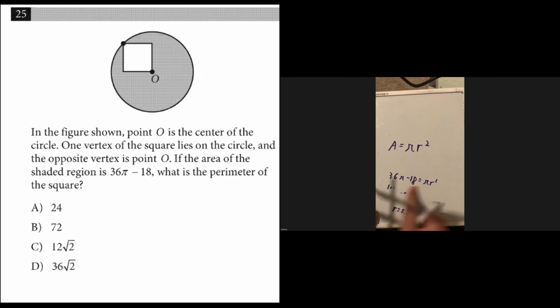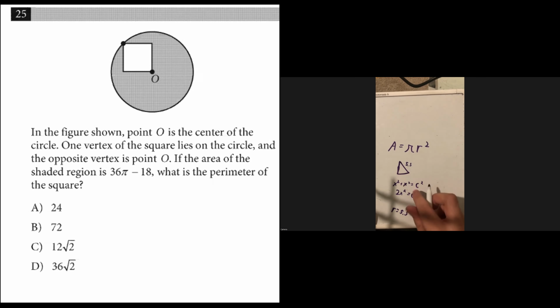So now we know the radius is 5.5. And so that this is 5.5. And then now we can just use a squared plus b squared equals c squared. And since this is a square, we know that a is equal to b. So we can just do x squared plus x squared equals c squared, 2x squared equals c squared.